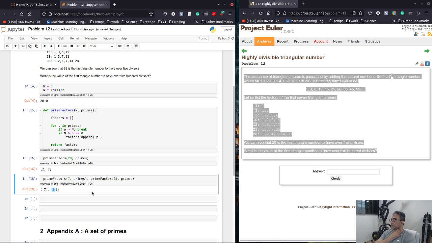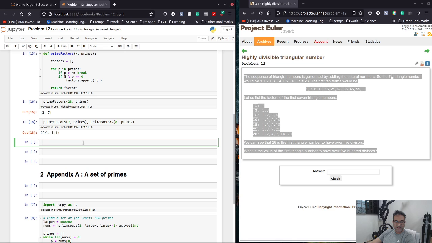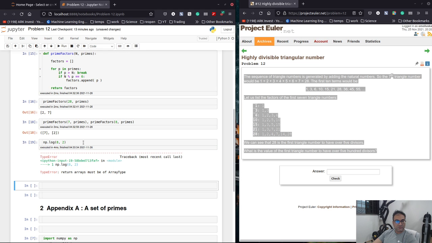Let us also find the number of times 2 goes into 8. So that's the exponent. So let me see. If we have log 8 and 2, what does this mean?